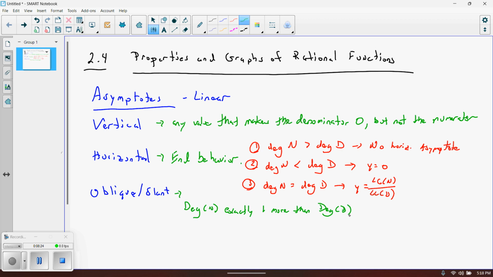For example, if you had something where x cubed was the highest power on top and you had x squared in the denominator, then instead of having a horizontal asymptote from that, you would actually have a slant asymptote.